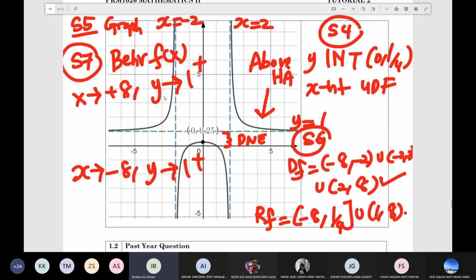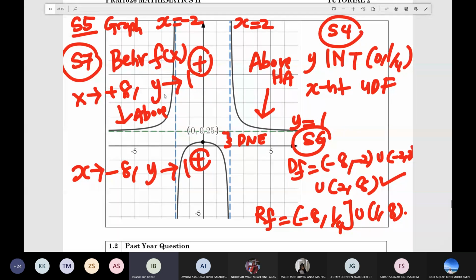As x approaches positive infinity, y approaches 1 at infinity. So here the graph of the rational function is above the horizontal asymptote, so here you put the positive sign, yeah. And second, as x approaches negative infinity, y approaches 1 at infinity. This is the same. The graph here is above the horizontal, and here you put the positive sign. Very easy. If your graph is below the horizontal, this one you replace with the negative sign. The concept is simple, yeah. Okay, settle.